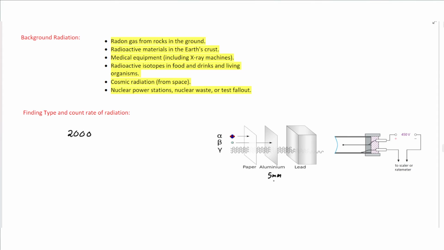So before placing the source in front of the detector, first read the background radiation, then you add a piece of thick paper or an aluminum foil to see if the number decreases, then there were alpha particles. If the number does not decrease, then alpha particles are absent. Then you add an aluminum sheet that is at least 5 millimeters thick.